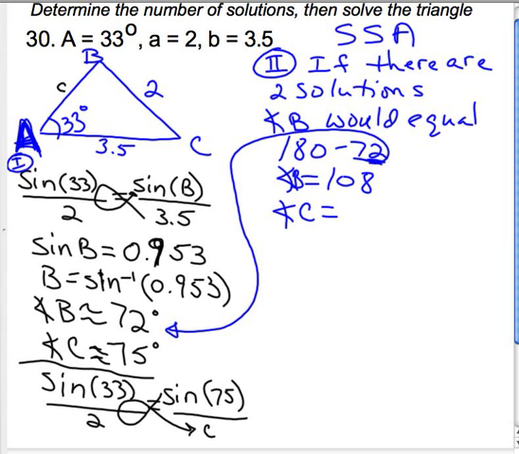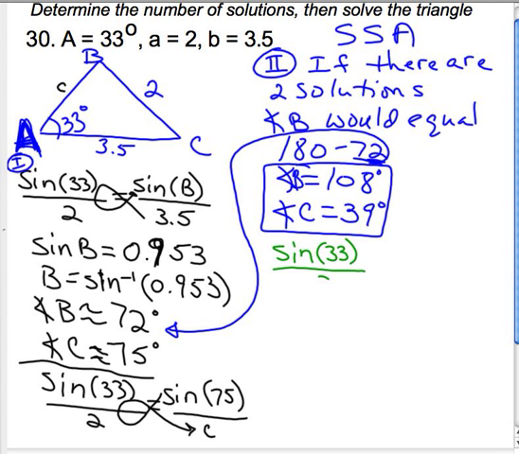Angle C, 39 degrees, 180 minus 108 minus 33. So I already have two possible angles. Again, I have to find side C. I'll use the law of sines again. I'll take that first ratio, sine of 33 divided by 2. You can reuse that one over and over again.